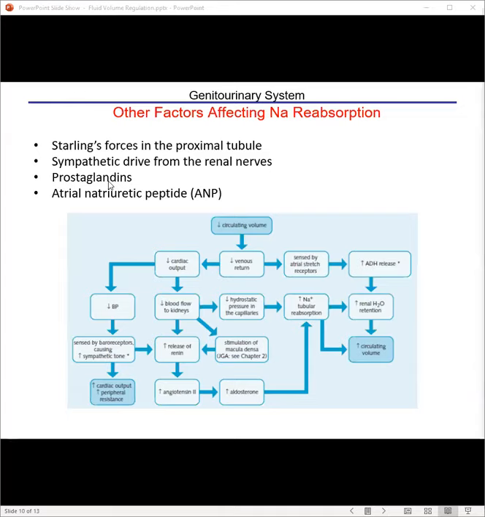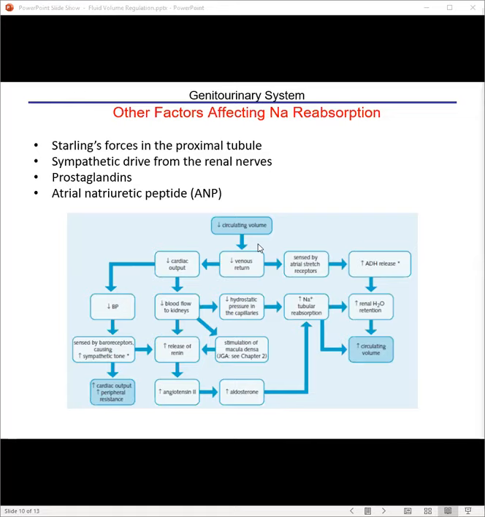How about prostaglandins? How do they affect your sodium reabsorption? Your prostaglandins will affect your sodium reabsorption, for example, when you have a decrease in the effective circulating volume in the body. So if you have a decrease in circulating volume in the body, this will stimulate the production of prostaglandin in the cortex.